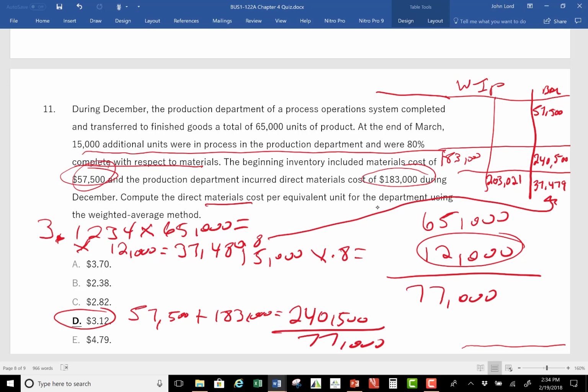Well, it's a multiple choice question, and so I will say something like, the entry to record the transfer of the finished goods out of work in progress would include which of the following, and it might say a debit to finished goods of 203,021.